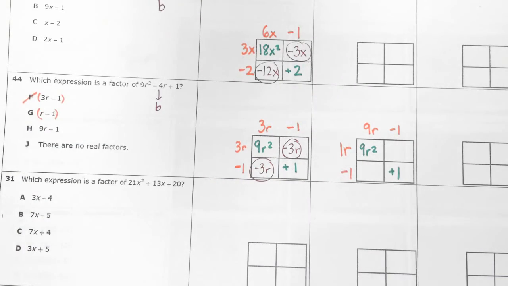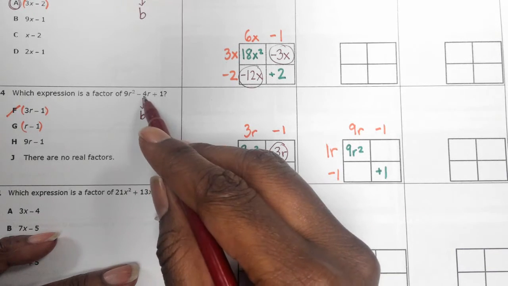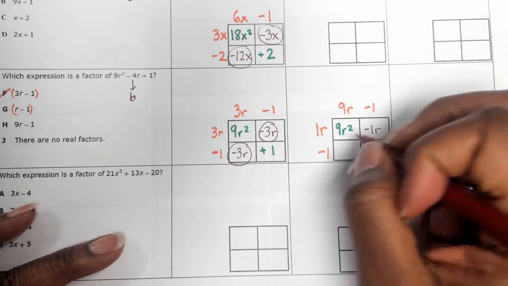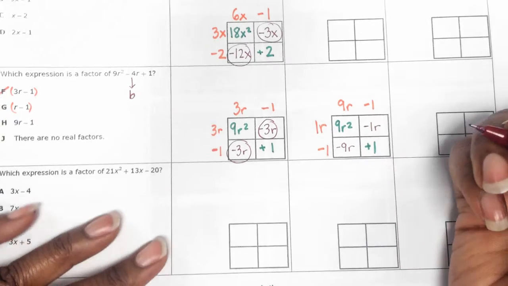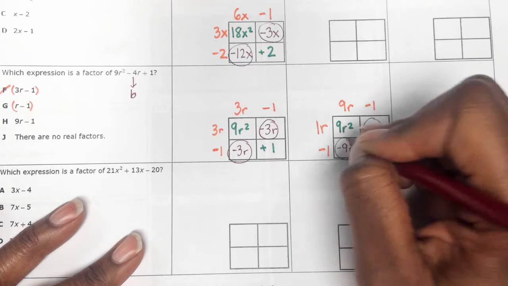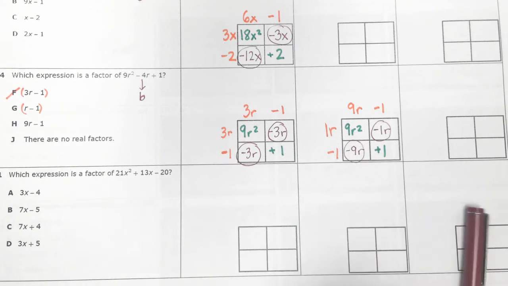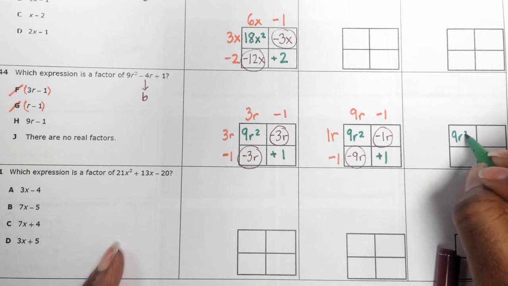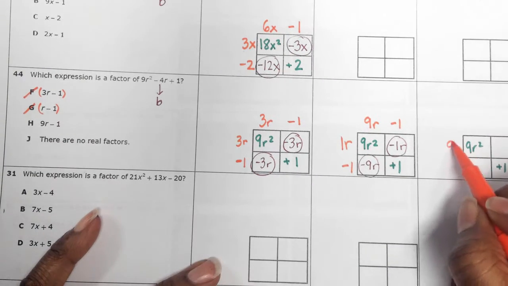Negative times a negative is a positive. So it looks like this one's working out too, but we need to make sure that these two r's add up to this r over here. 1 times negative 1 is negative 1r. Then we got 9r times negative 1, that's negative 9r. Do these two add up to the b value? No, this one doesn't work either, so it is not G. So please try H and see if H is the answer.